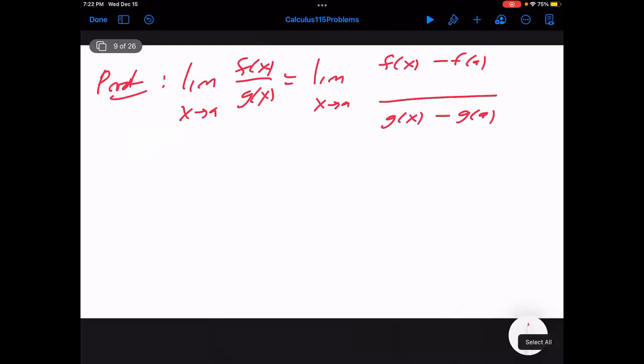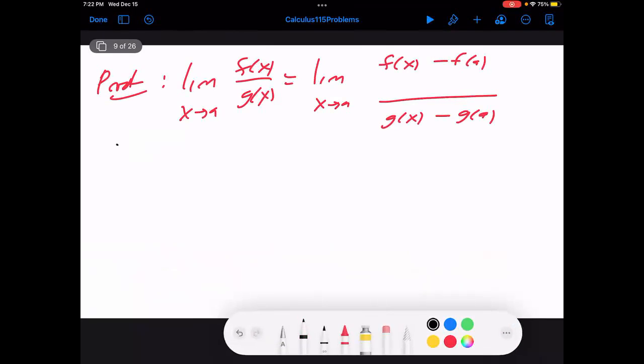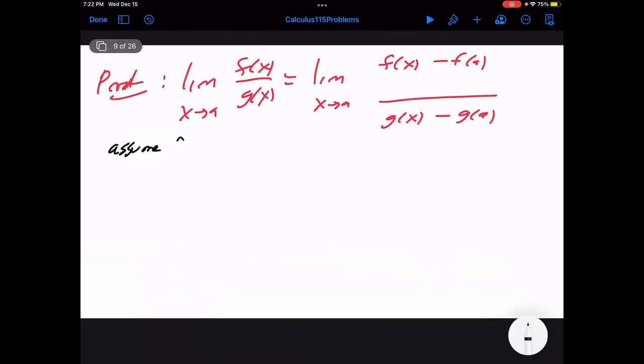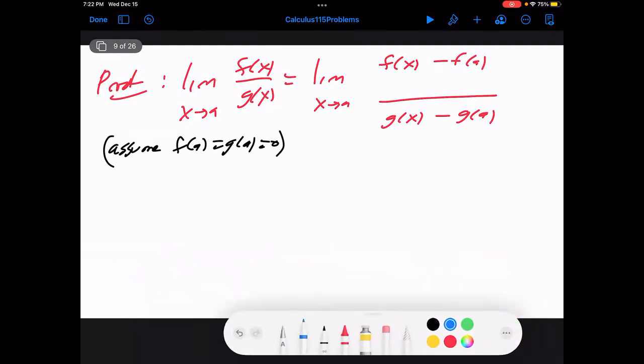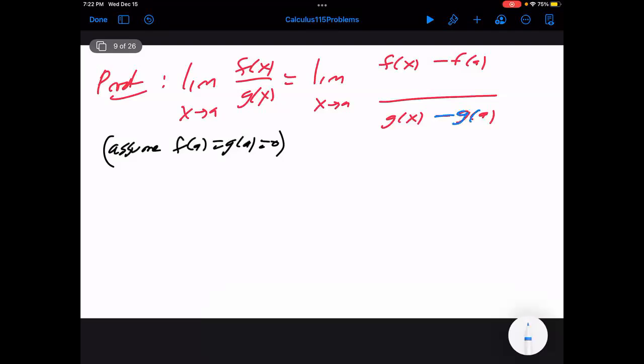We'll assume we're in the case where f of a equals g of a equals 0. Why can we just subtract f of a and g of a? Because it's adding 0. If we subtract 0, does that change anything? No.